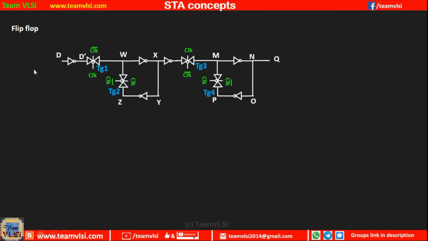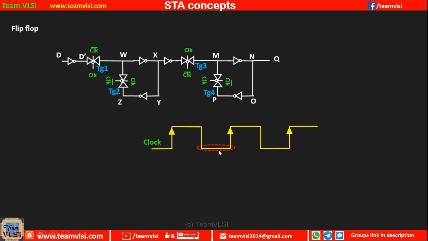Now let's see the functionality of a flip-flop. A flip-flop can be represented using these four transmission gates: TG1, TG2, TG3 and TG4. We are going to discuss the functions of this flip-flop based on the clock signals.